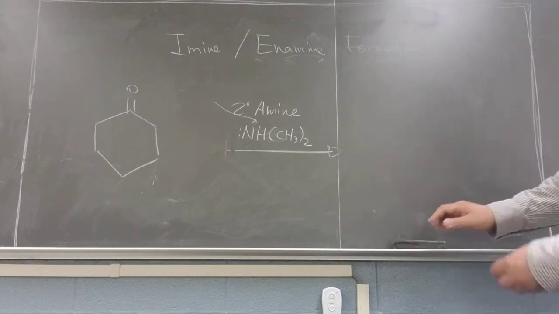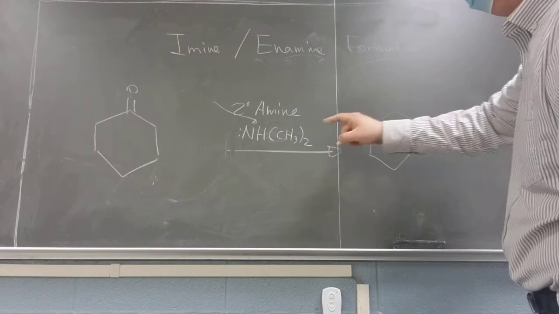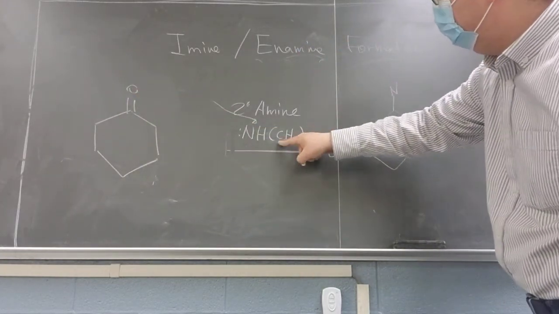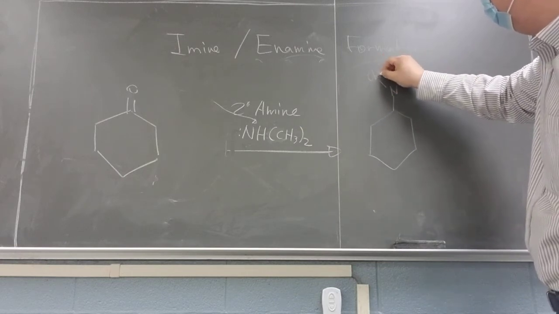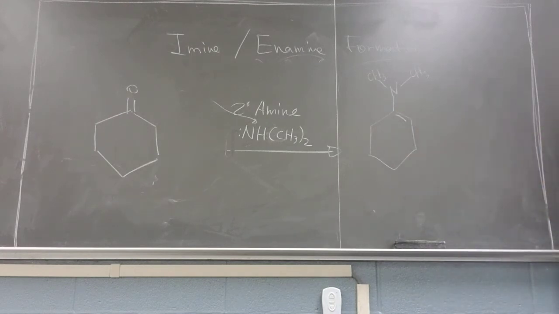All right, so what we're gonna do is switch this one to the nitrogen, but with the single bond, and we keep these two R groups, which are methyl groups here, and then make sure you also put the double bond. So you have an enamine. Makes sense, right?